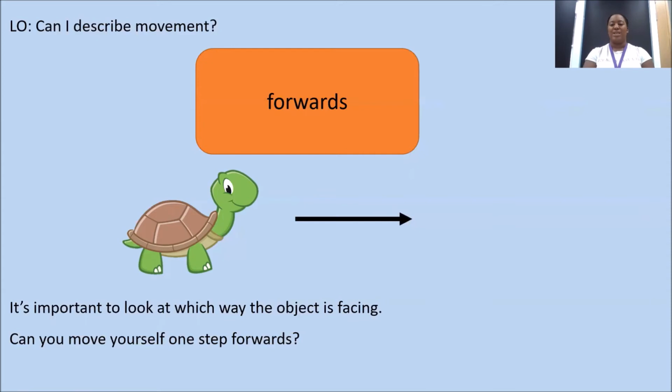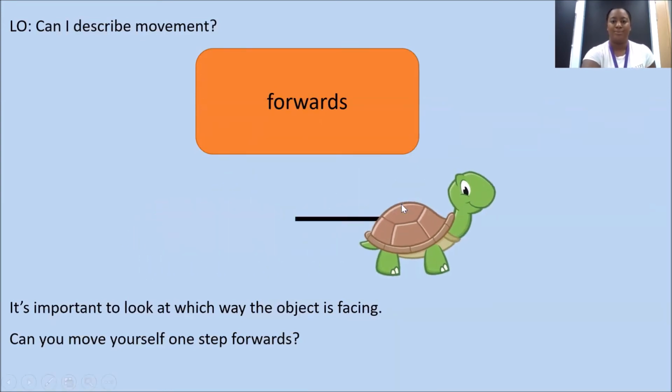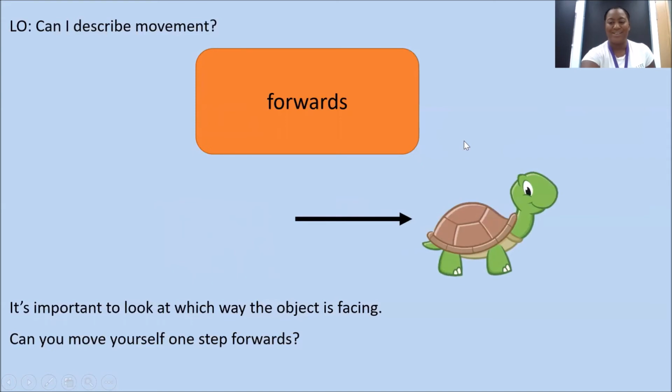Can you move yourself one step forwards? So I'm standing straight, I'm looking in front of me, and I can move forwards. Can you have a go and see if you can take one step forwards? Oh, just like our turtle has done.